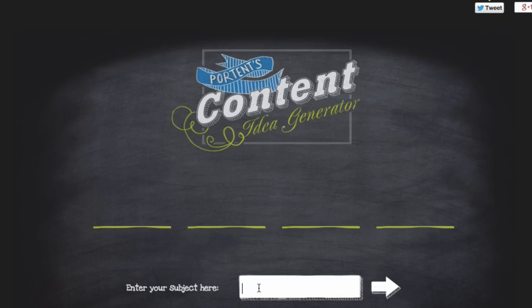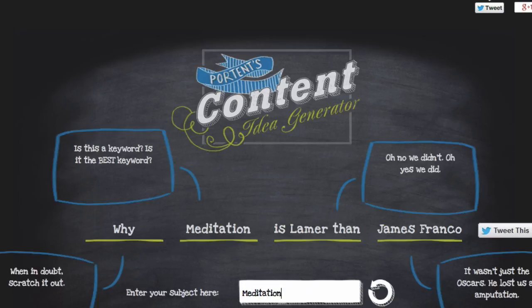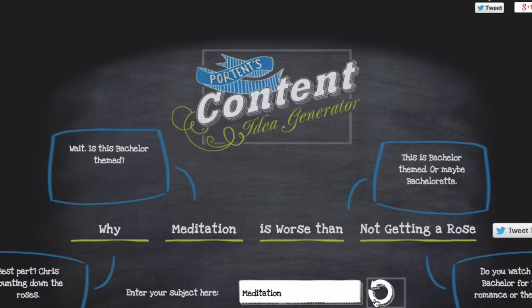So let's say you want to write an article on meditation. Just type it in there, and it's going to give you an example of a perfect headline and an example of an article idea. So why meditation is lamer than James Franco. That's probably not a good one if you want to write an article promoting meditation. Why meditation is worse than not getting a rose.